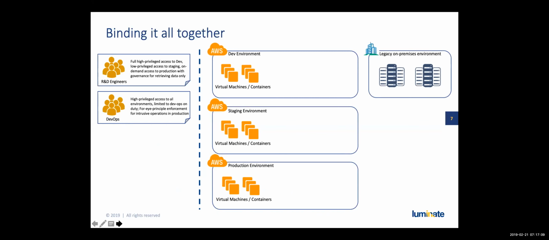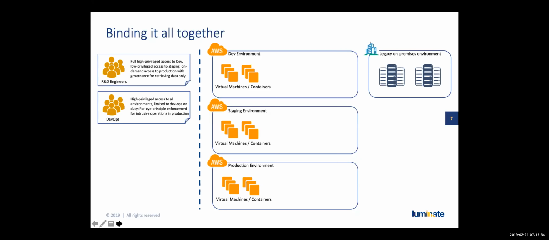And immediately we have two very distinct access scenarios, with our R&D engineers getting full high privileged access to the dev and somewhat to the staging, but getting extremely low privileged access to the production environment that contains sensitive data of live customers, right? This is where we need very strict auditing. We do some level of auditing on staging and dev as well.